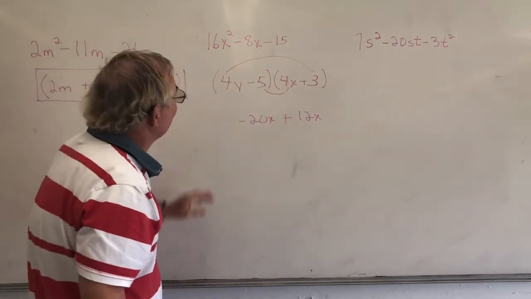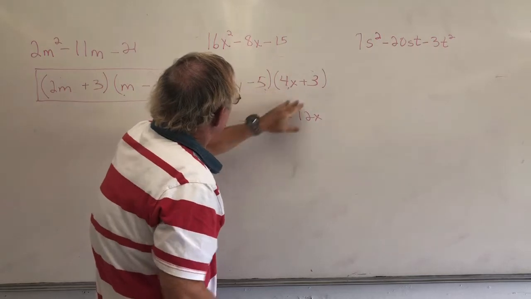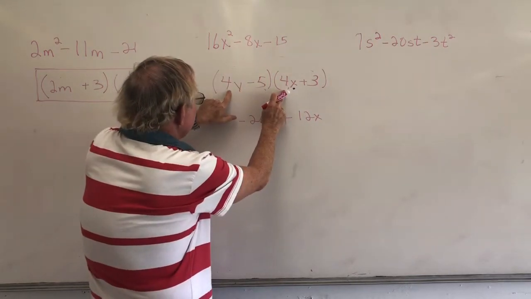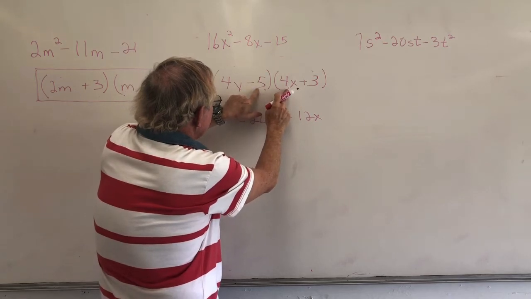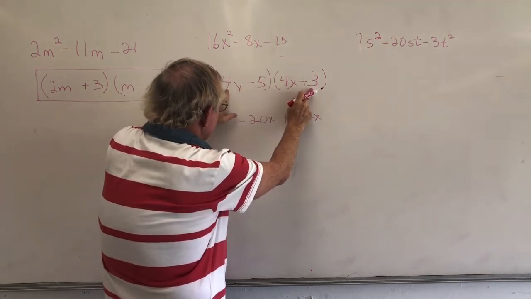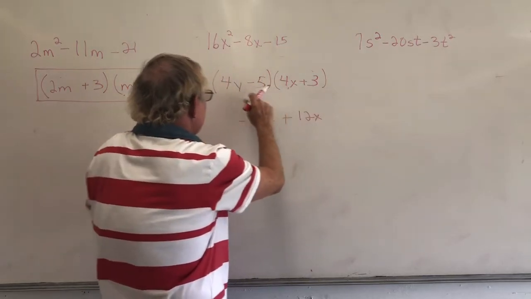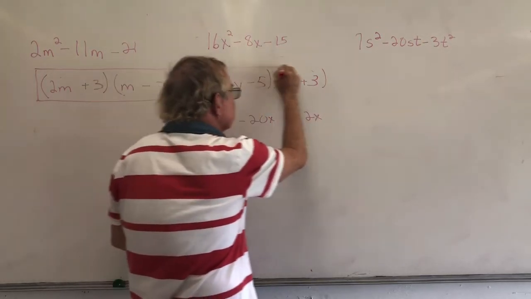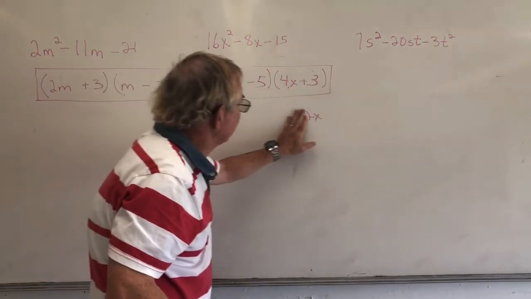And then if we FOIL it, let's check it out. This gives you your 16x squared, negative 20 plus 12 is negative 8, minus 15, and there it is. So there's our second example.